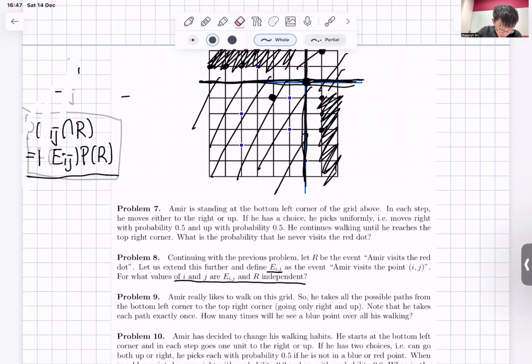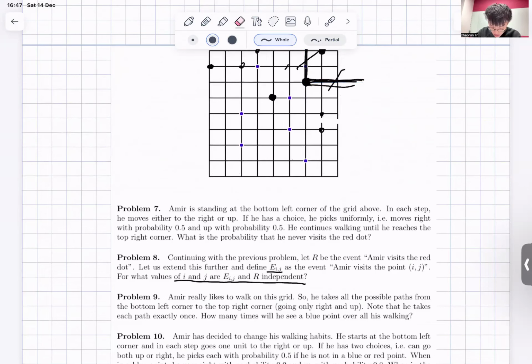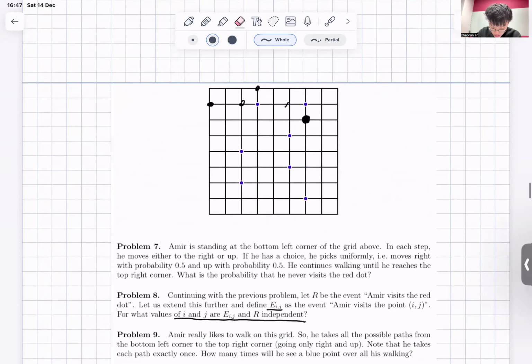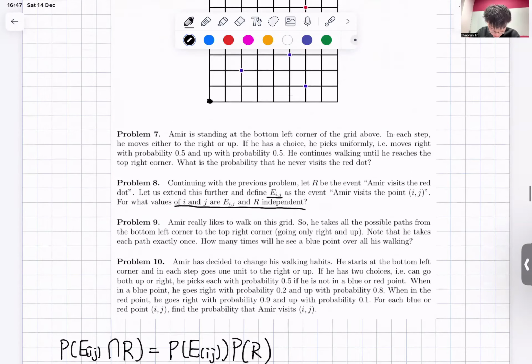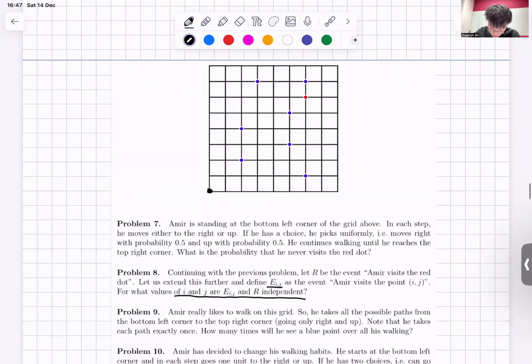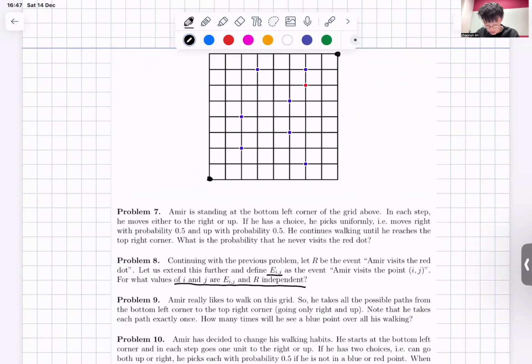So the next question is: Amir will take all the possible paths from the bottom left to the upper right. How many times will he see a blue point over all his walking?